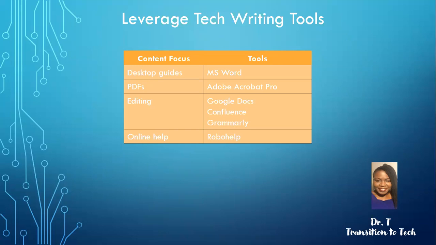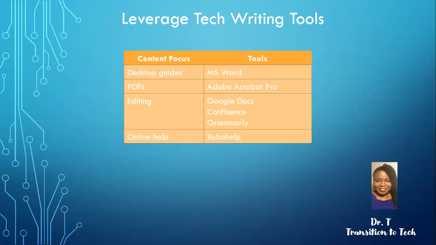Most companies use Microsoft Word. Word is a robust software that has built-in templates for various documentation purposes that are easily adaptable to whatever scope you have and whatever layout requirements or style requirements that the organization that you're writing for has.